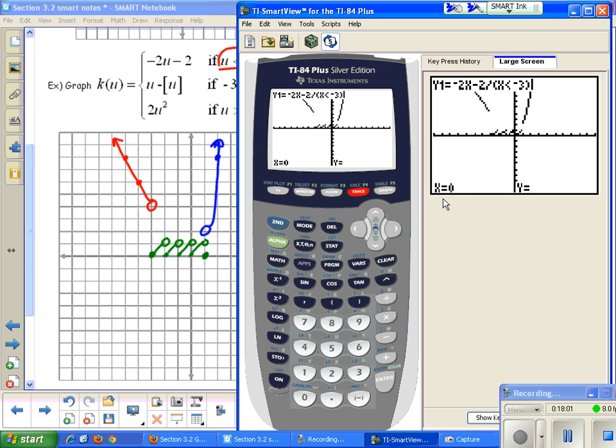I'm on y1 right now, and notice that at x equals 0, I have nothing up. But if I go to less than that, because remember our first graph starts at x values less than negative, what was it, 4?